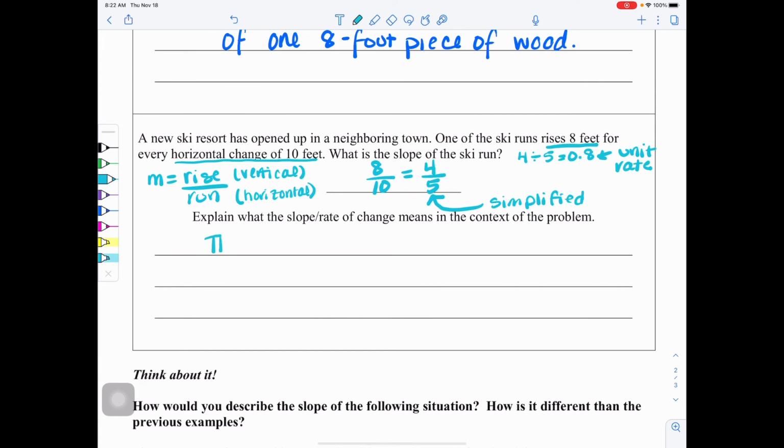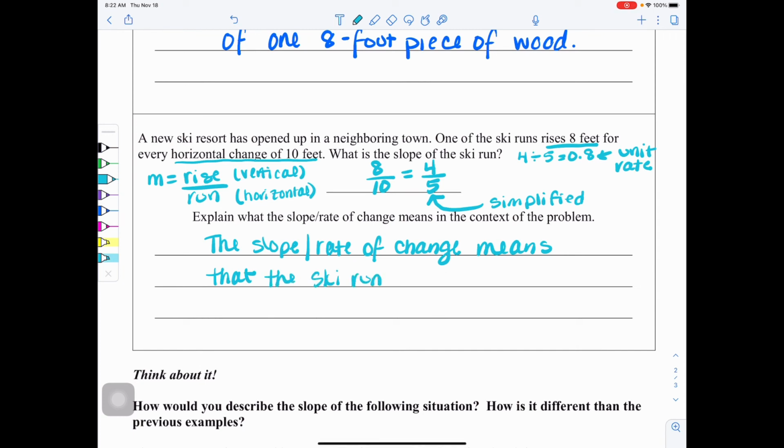So this means the slope / rate of change means that, since we're talking about a ski run, the ski run rises 4 feet for every horizontal change of the number on the bottom, which is 5 feet.